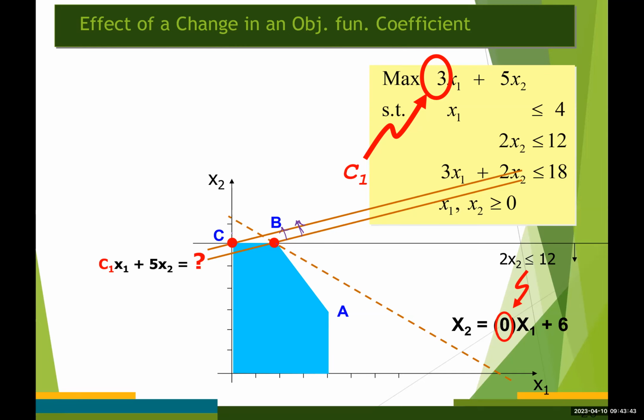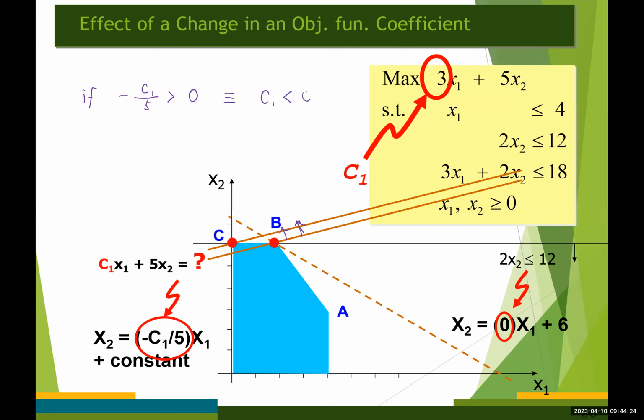So if the slope of the isovalue line is greater than 0, that is, if negative C1 over 5 is greater than 0, then multiplying by negative 5 on both sides, this condition is the same as C1 being less than 0, right?